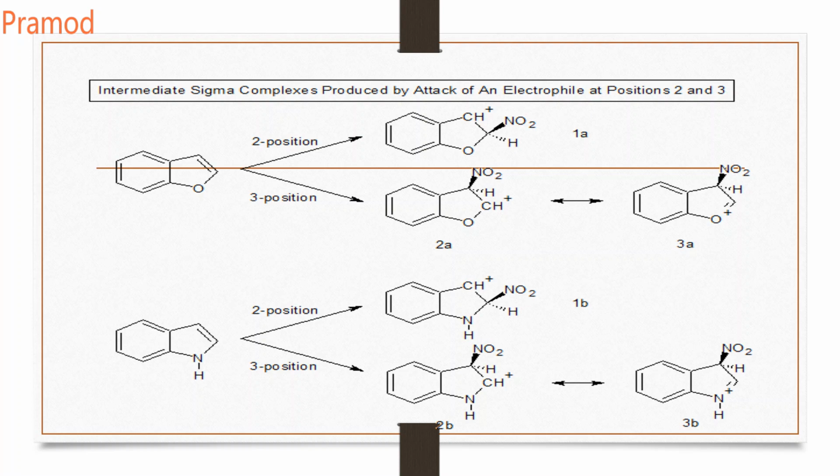When benzofuran is attacked at the second position, the positive charge goes on the carbon adjacent to it. When it attacks at the third position, the positive charge comes on the third and again goes to the oxygen. Whereas in the case of indole, at the second position, the nitrogen gets the positive charge later.